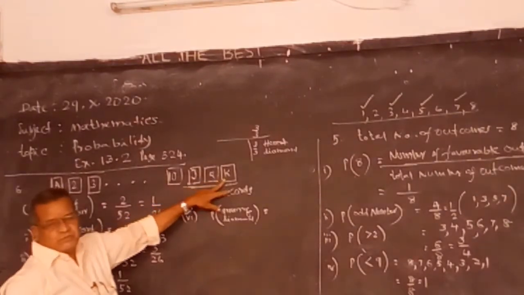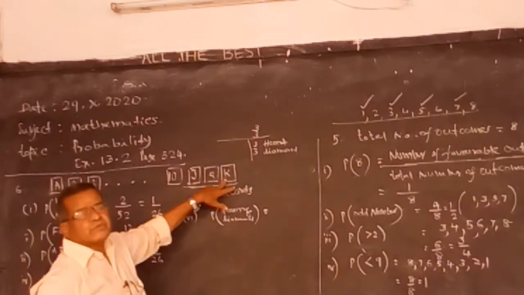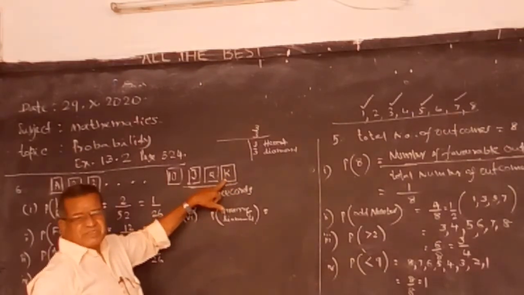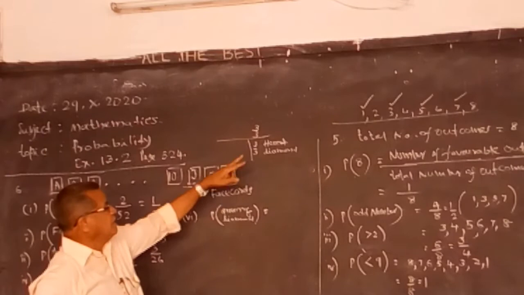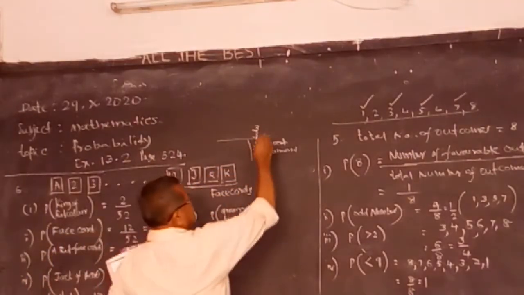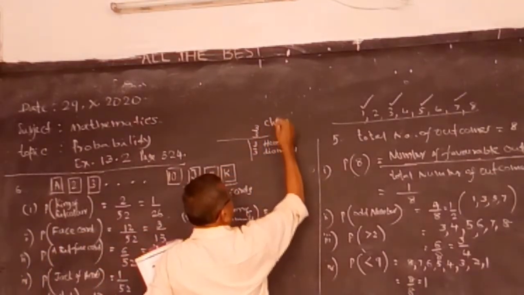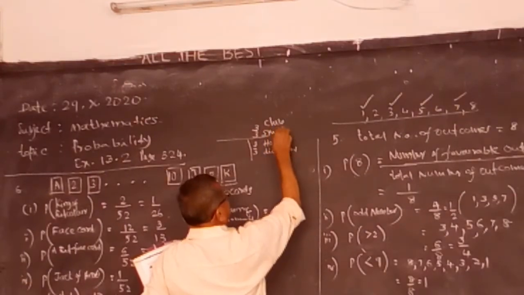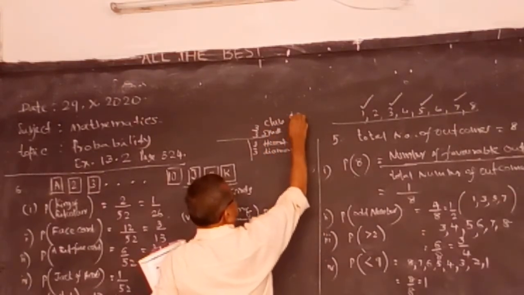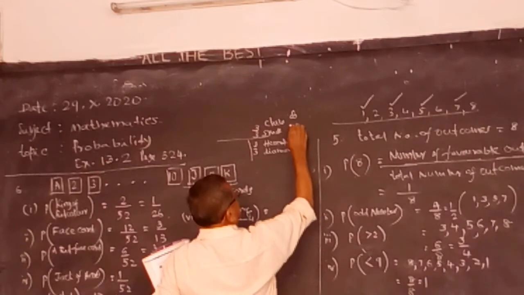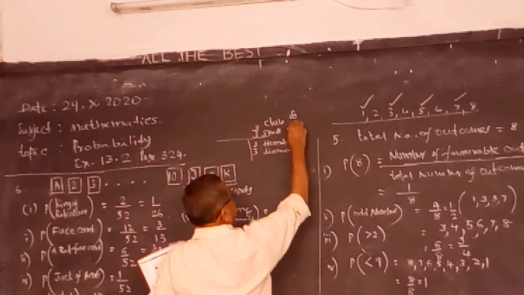Similarly, king also. There is only one king from club, spade, heart, diamond. Club means like this. Spade means just like this.